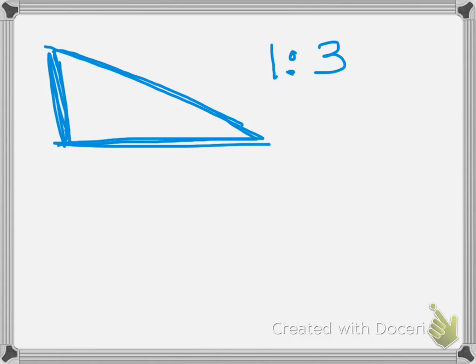Alright, so let's say you measure those, and let's say you get 6 millimeters here, and let's say you get maybe 9 millimeters there, and let's say you get 10 millimeters here.